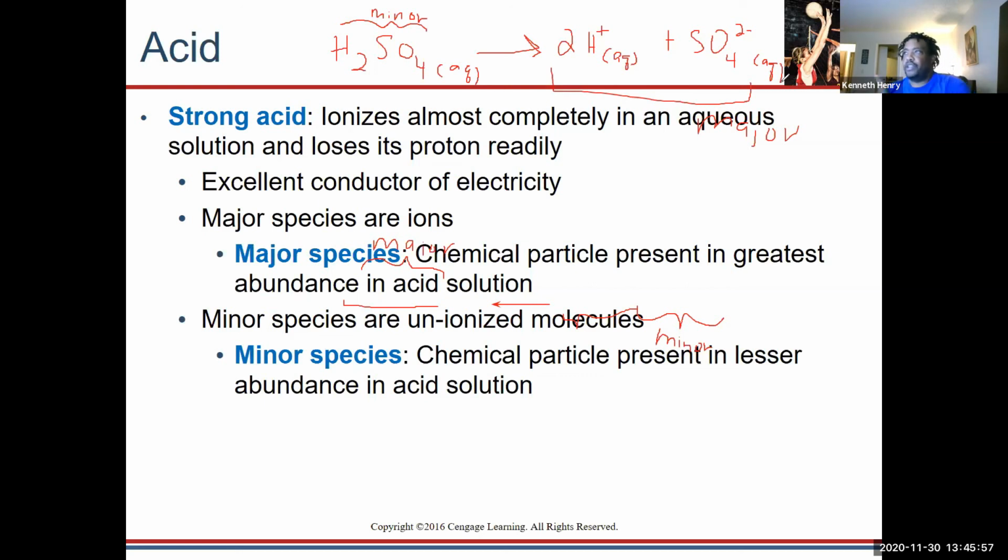So, like I said, in this case, sulfuric acid is going to be 99.999% of it going to be like this, and then you're going to have 0.001% is going to be in this form, them together, okay?